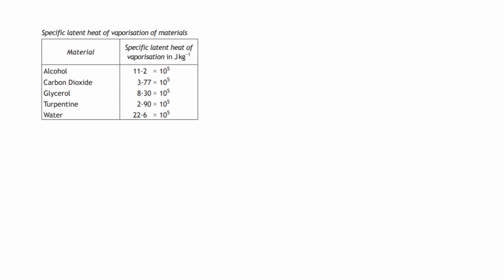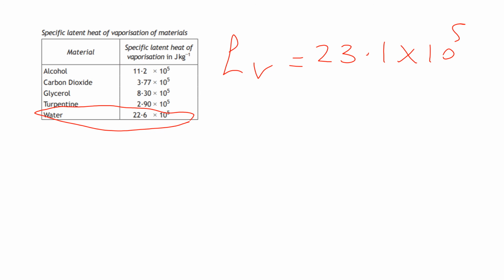When I compare my result from the experiment with the specific latent heat of vaporization of water in the data sheet, here we've got 22.6 times 10 to the 5 joules per kilogram, where I've got 23.1 times 10 to the 5 joules per kilogram.